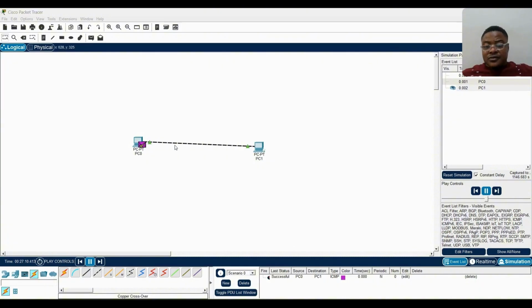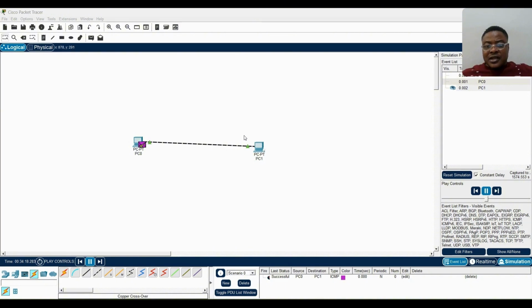The data cannot flow from PC0 to PC1 through frames. So the process of data being converted and flowing from PC0 to PC1 is framing.